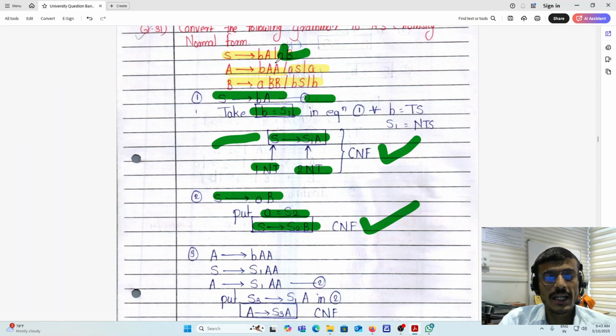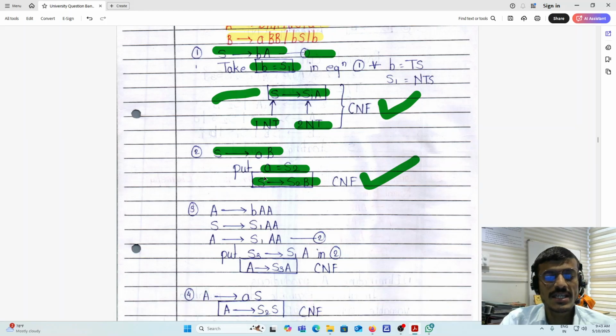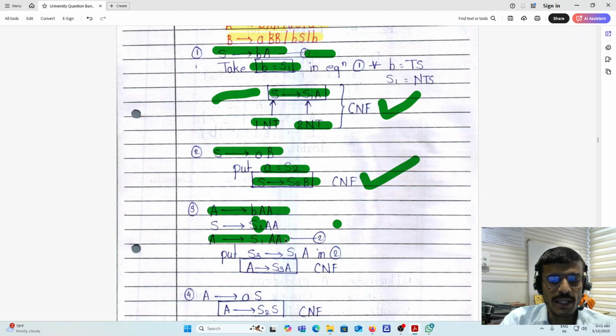Then talking about the next production, A tends to BAA, ASA. You can see here A tends to BAA. As we know B is replaced by S1, we put S1 here and AA will remain as it is. So it will give you A tends to S1AA.